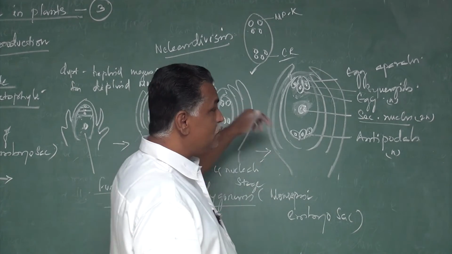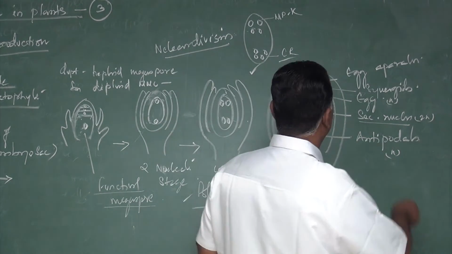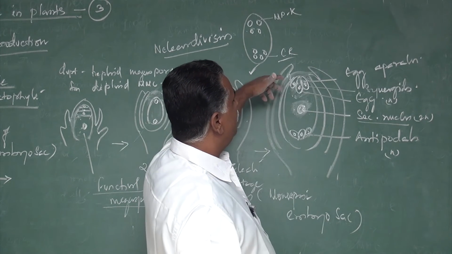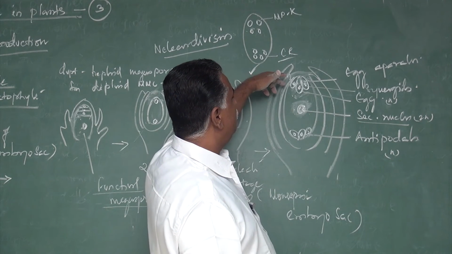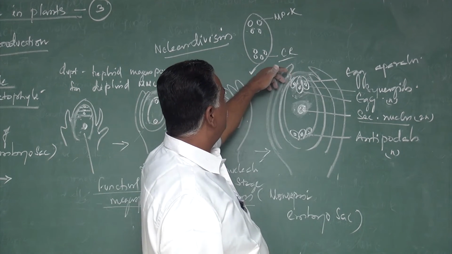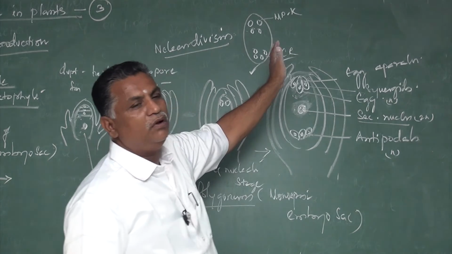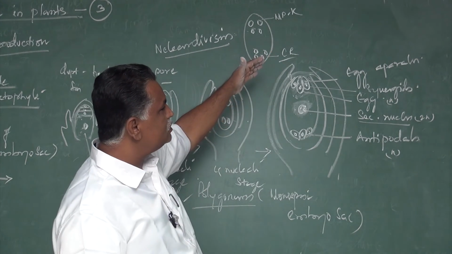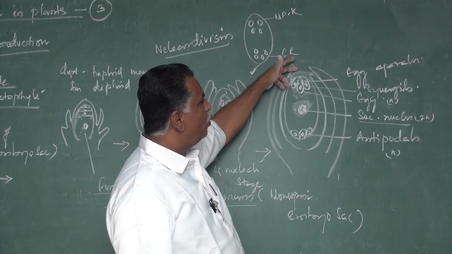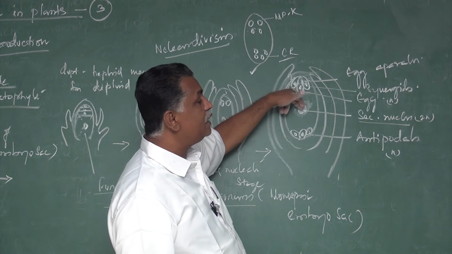Afterwards, in most angiosperms, we have been taught about double fertilization and triple fusion, in which out of 2 male gametes, one fuses with the egg and another fuses with the secondary nucleus.